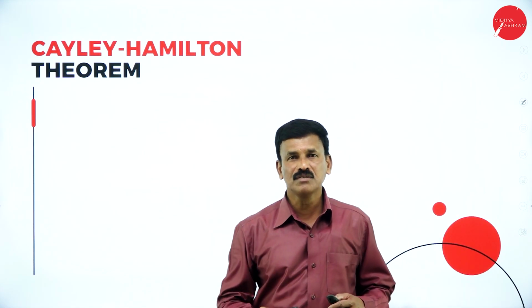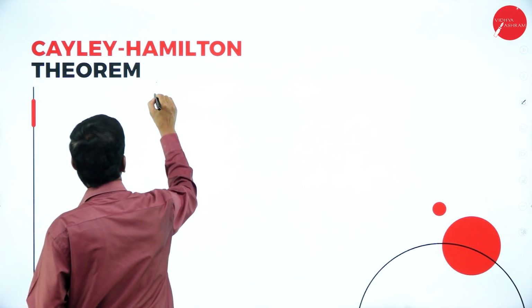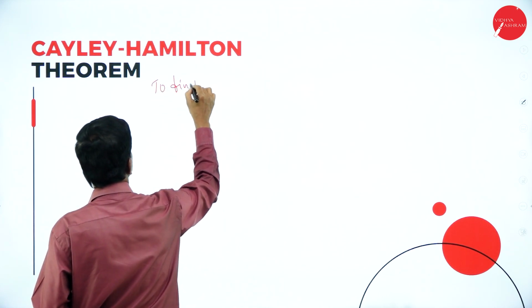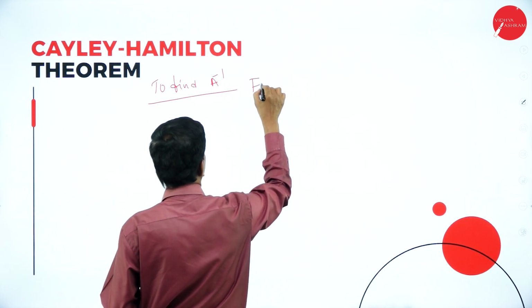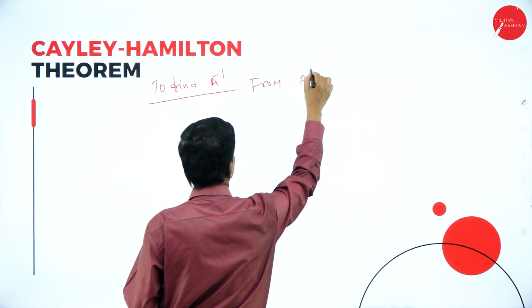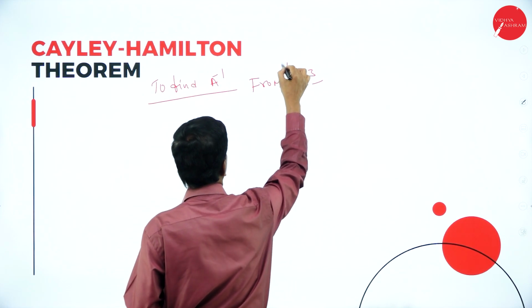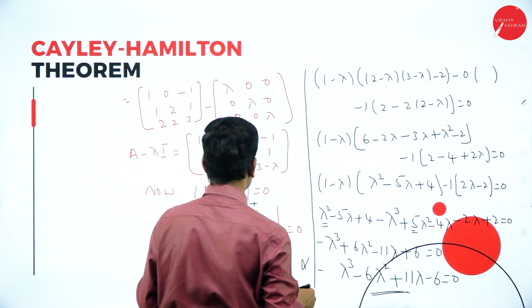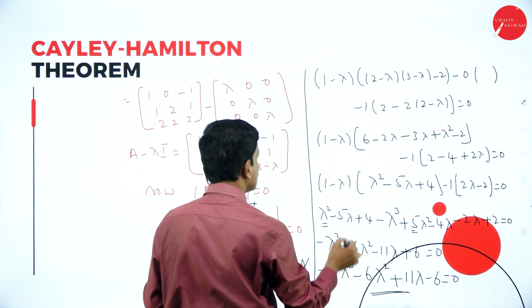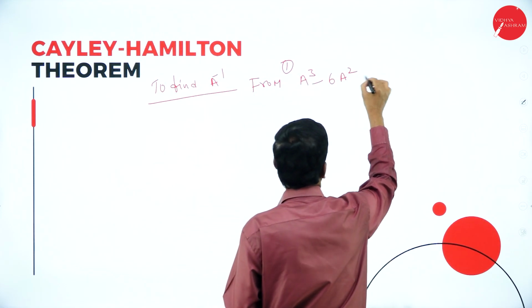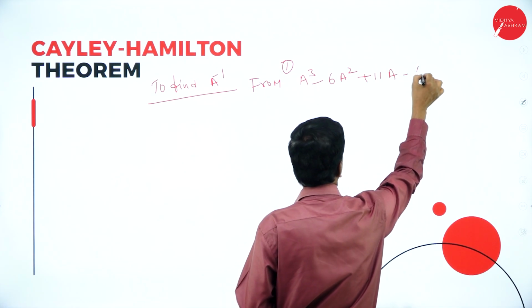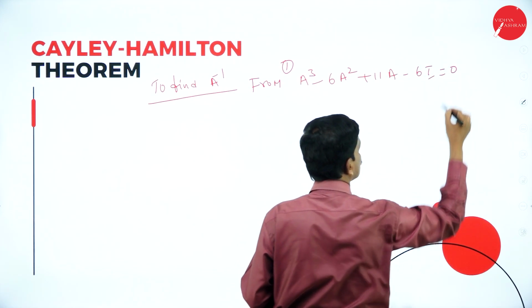Now to find the inverse, let us take from A cube, that is from equation number 1. What is equation number 1? We have A cube minus 6A square plus 11A minus 6I is equal to 0.